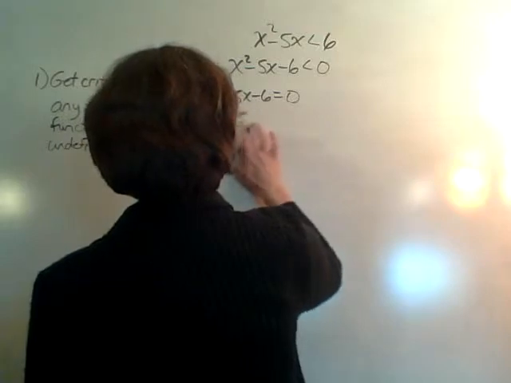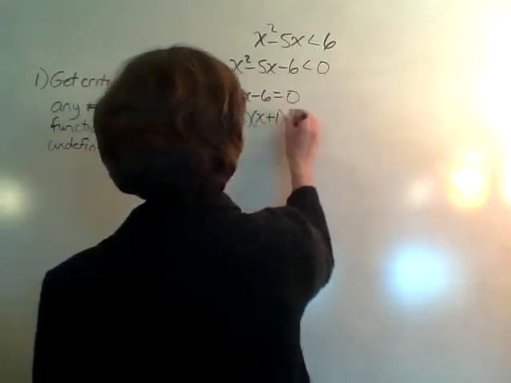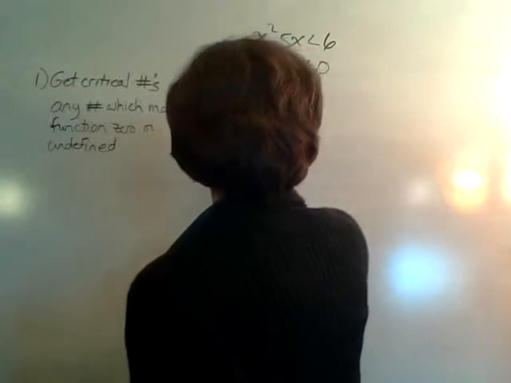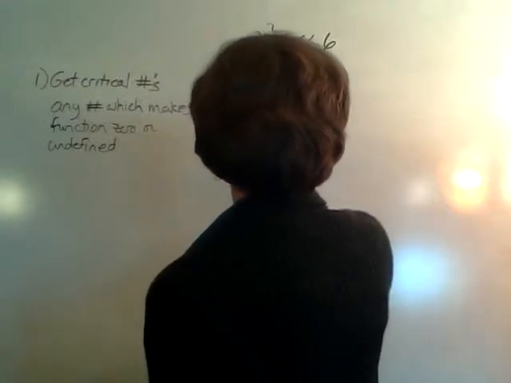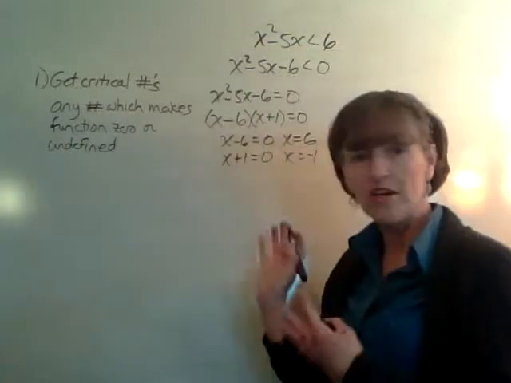This one's going to be x minus 6 times x plus 1 equals 0. So my critical numbers are going to be 6 and negative 1. I have my critical numbers.